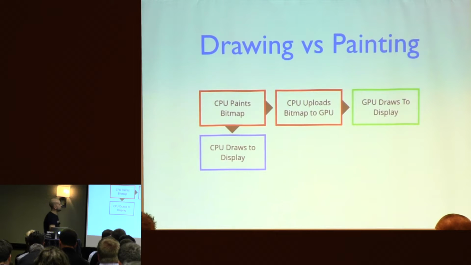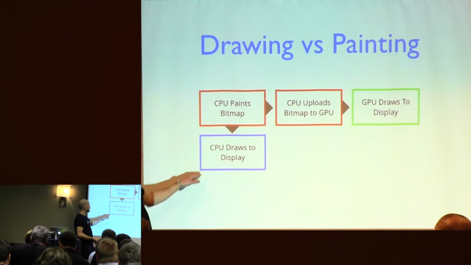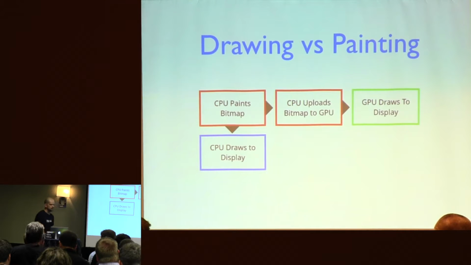So this is necessary. We always have to do paints, but limiting paints is good. The upload is good if you can utilize the GPU's drawing capability, because that is uber fast. But we can also draw using the CPU, so it's not necessary all the time to go to the GPU.